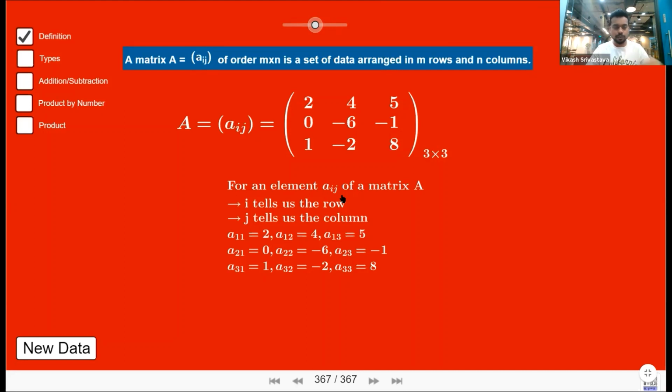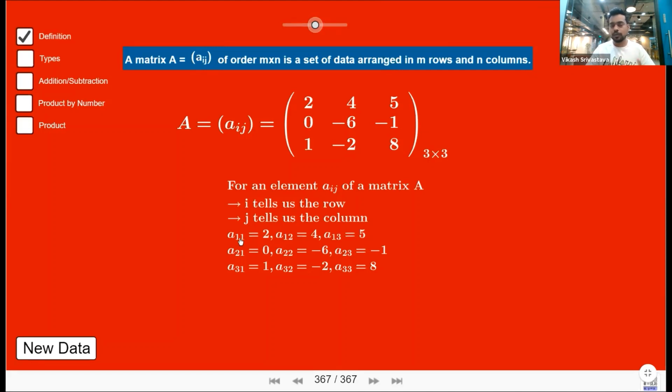For example, if we talk about this 2, it is in the first row and the first column, so A11 will be equal to 2. Do not confuse yourself with the notation we learned in Python, where indices start from 0.